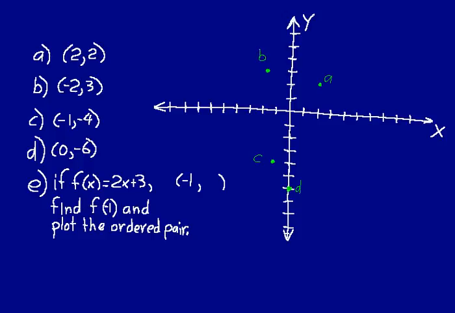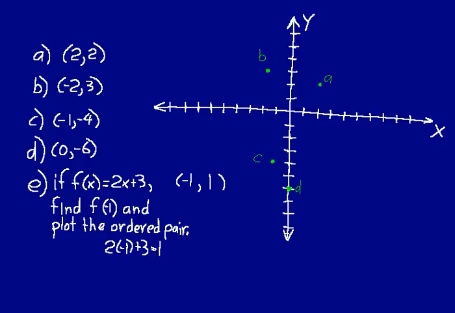And so we just substitute that in. If f of x is 2x plus 3, then f of -1 is 2 times -1 plus 3. That would be -2 plus 3, which equals 1. And so that's what f of x is, or basically y. And so we would put a +1 in there for our ordered pair.